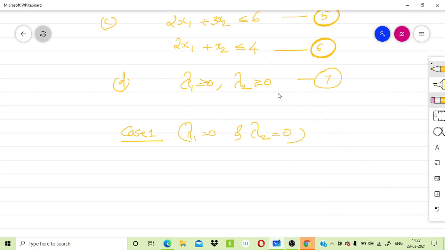If lambda 1 and lambda 2 both are equal to 0, then equation 1 implies 2 minus 2x1 equal to 0, so 2x1 equal to 2, which implies x1 equal to 1. So this is a solution.